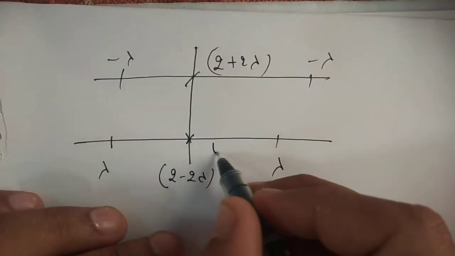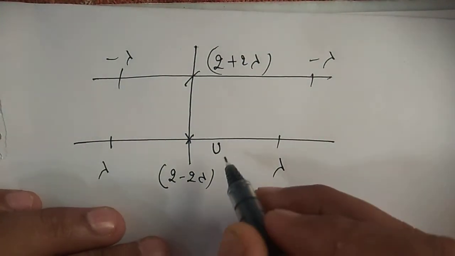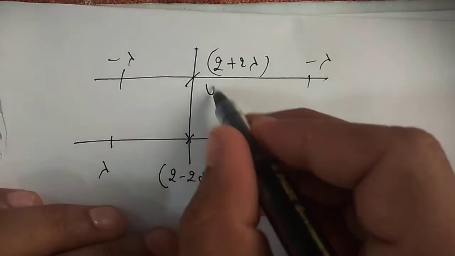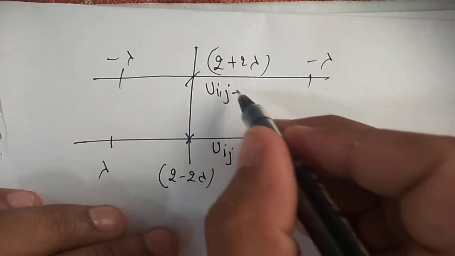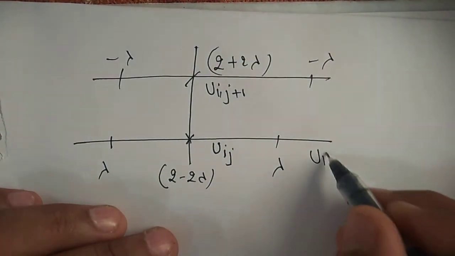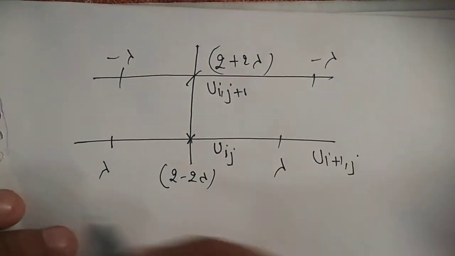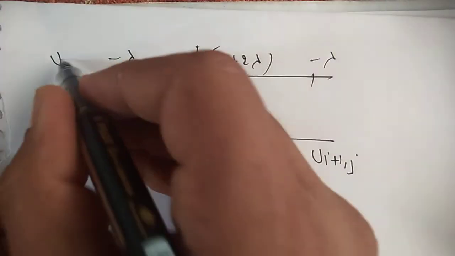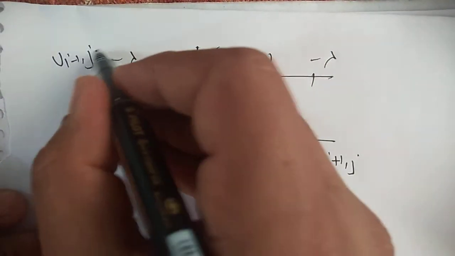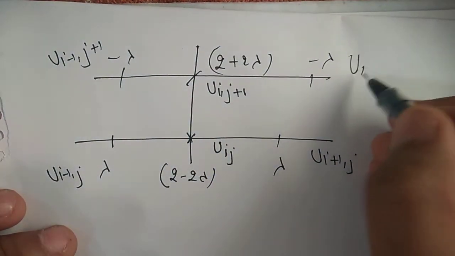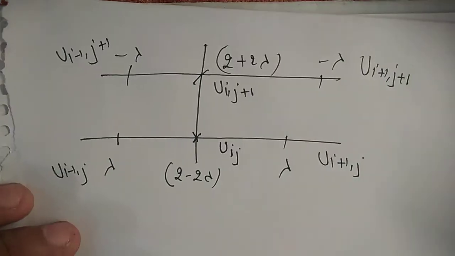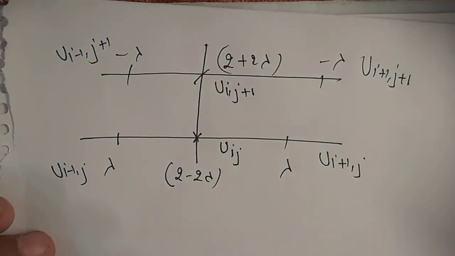So this is your u ij, and here we have u i j plus 1. This is u i plus 1 comma j, here u i minus 1 comma j, here u i minus 1 j plus 1, here u i plus 1 j plus 1. So this is the Crank-Nicolson formula.